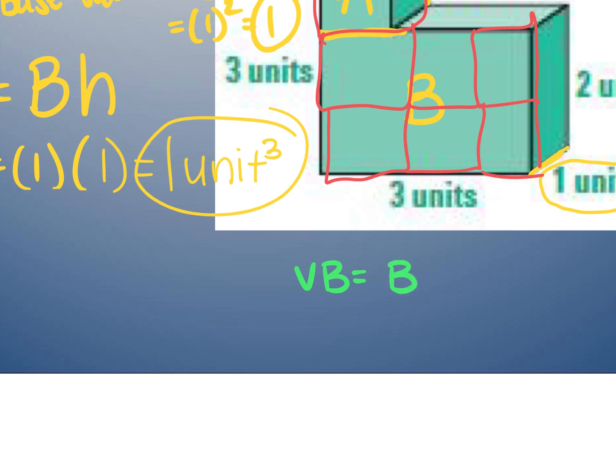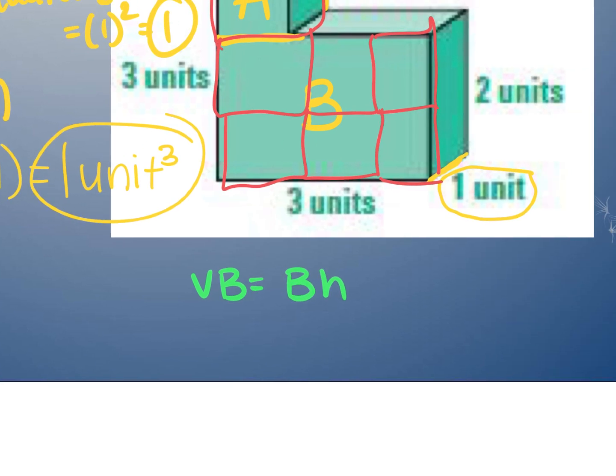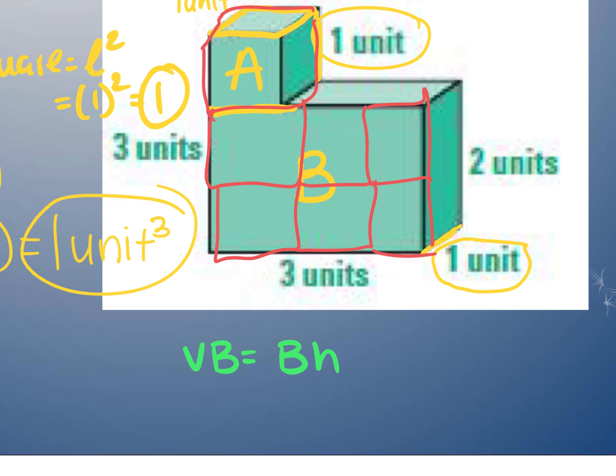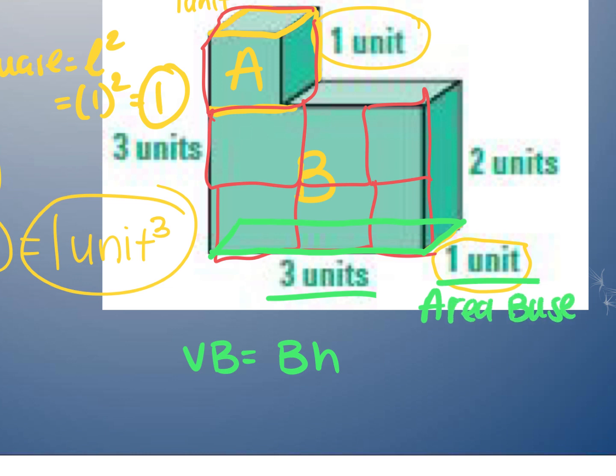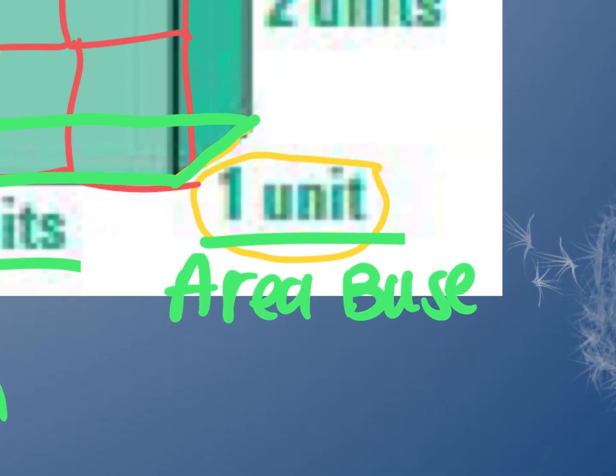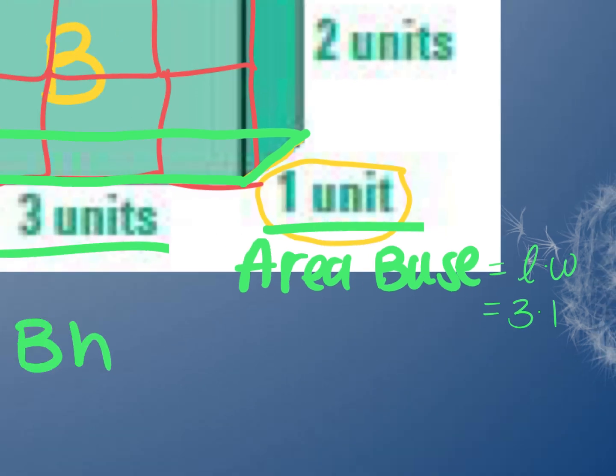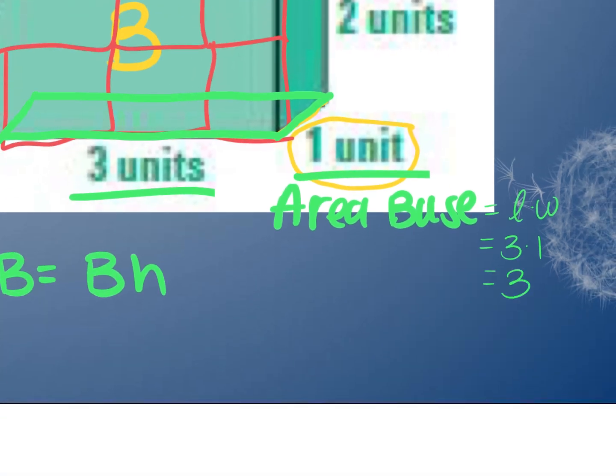The volume of prism B is also going to be the area of the base times the height. Now, the base for this prism is not a square. What is the base for this prism, guys? It's a rectangle. Very good. And it's 3 units by 1 unit. So the area of the base is length times width, which is 3 times 1, which is just 3.